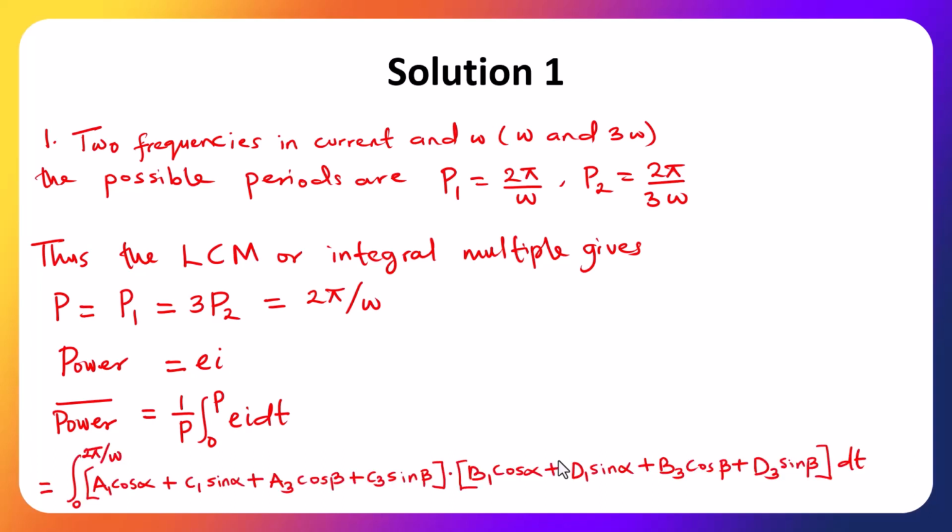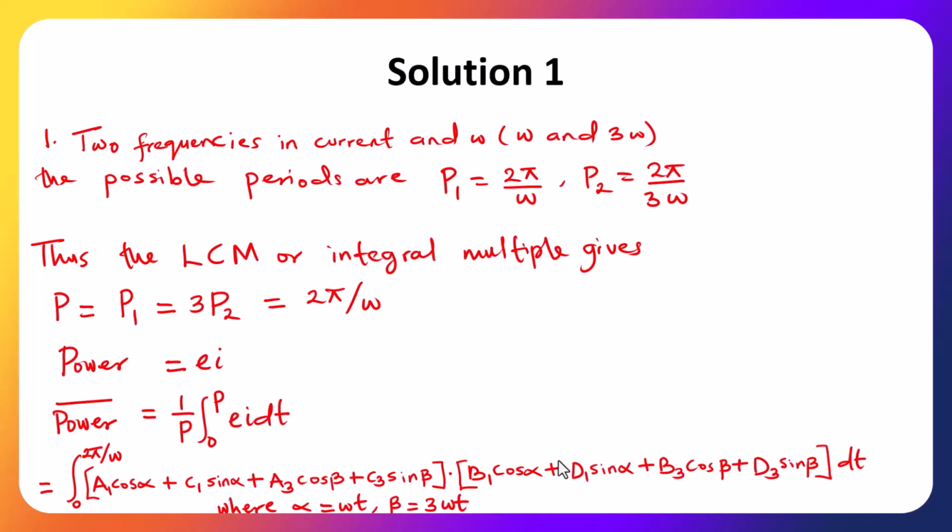So if we put the value of E and I into this expression, we have 0 to 2 pi over omega, that is 0 to P, and P is 2 pi over omega, as you can see, of A1 cos alpha plus C1 sine alpha plus A3 cos beta plus C3 sine beta, multiplying by B1 cos alpha plus D1 sine alpha plus B3 cos beta plus D3 sine beta dt.